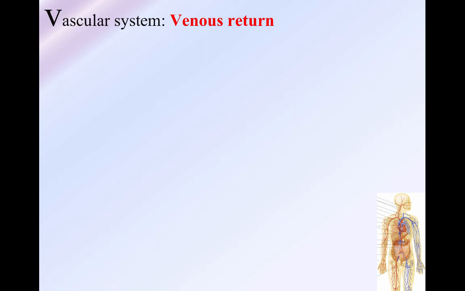The veins are responsible for returning blood to the heart, and that blood that comes back to the heart is referred to as venous return. And the heart is responsible for most of the work to get the blood all the way back to the right atrium or to the left atrium, but it gets some help, especially during exercise. This is the blood that's returning to the heart through the vena cava.